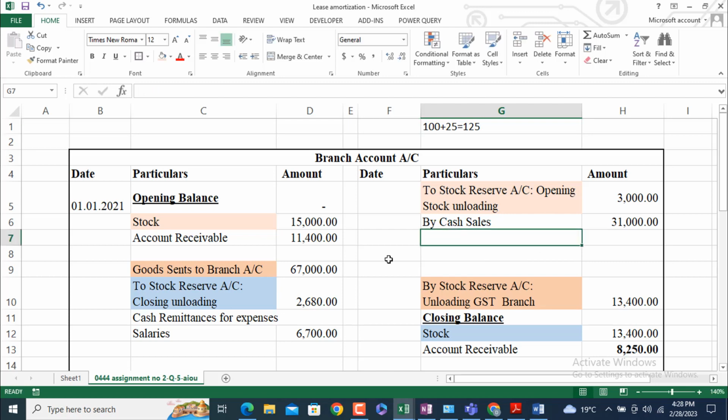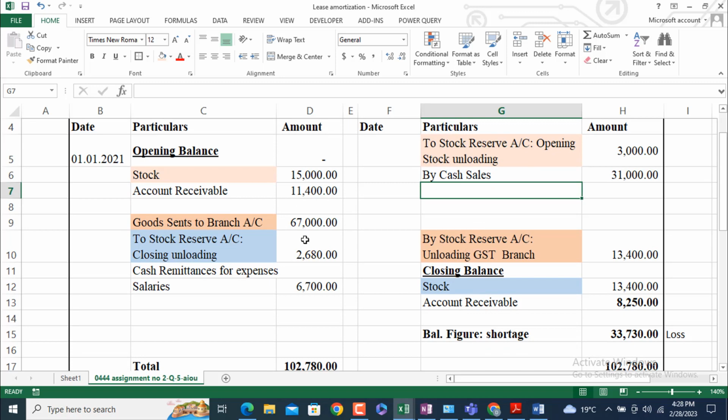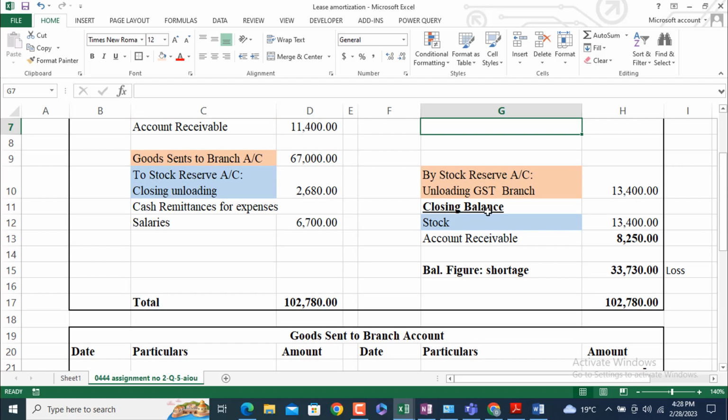After that I am going to tell you the next element of this account: by cash sales, which is 31,000 given in the information, by stock reserve account related to the goods sent to branch account, and then closing balance we need stock 13,400.